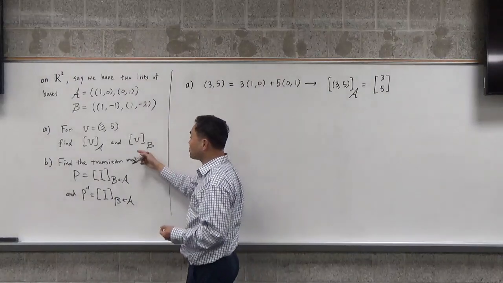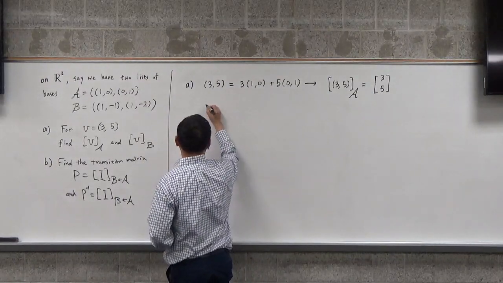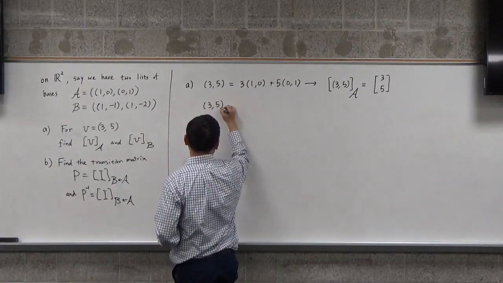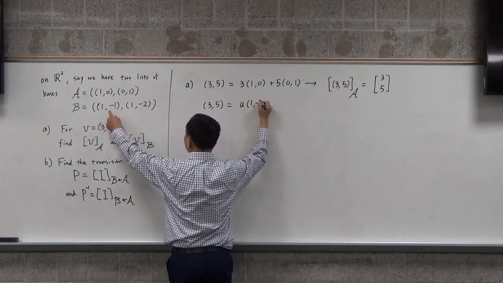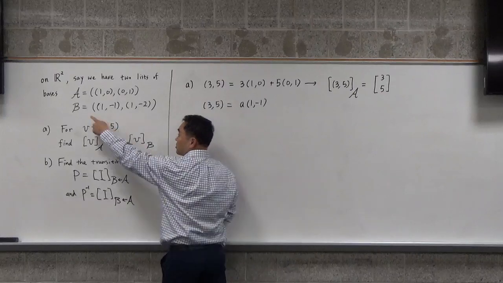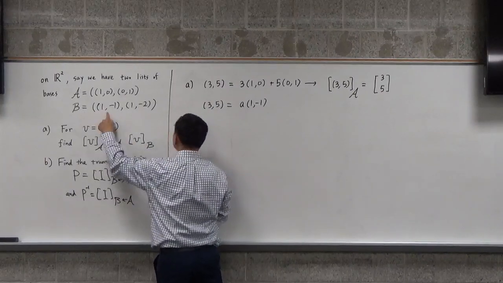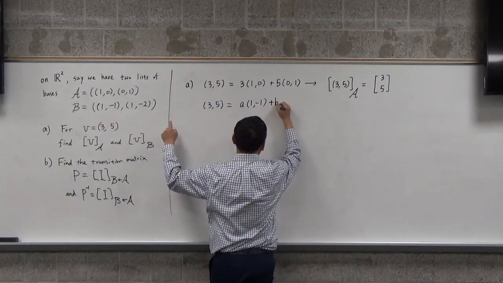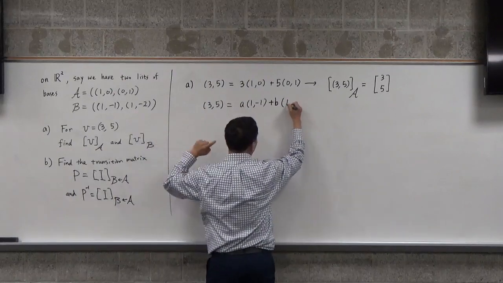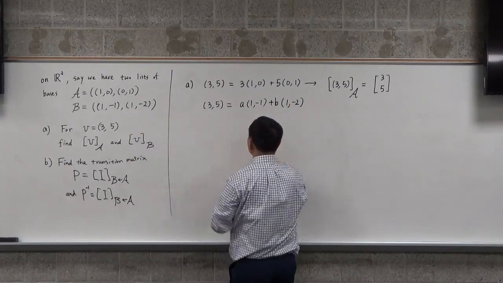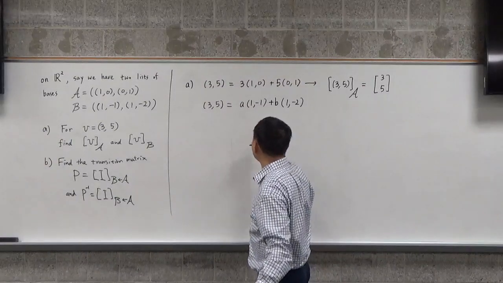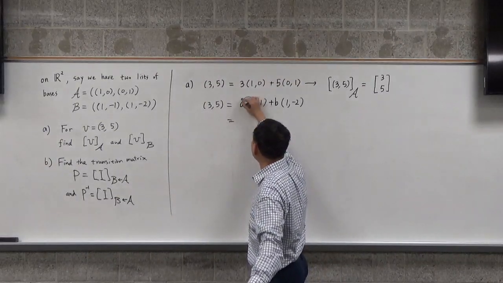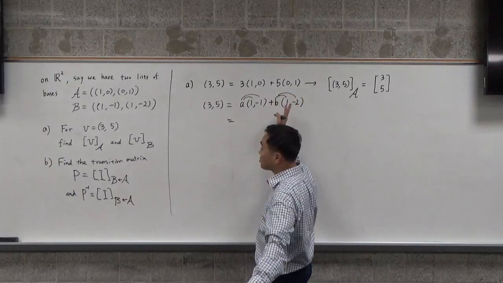So let's try to do the second one, which is now I want (3, 5) to be something, A, times the first vector (1, -1) in this basis vector beta, or B, and then B times the second one, which is (1, -2). That requires a little bit more calculation than before because now I have to do the scalar multiplication and add them together.